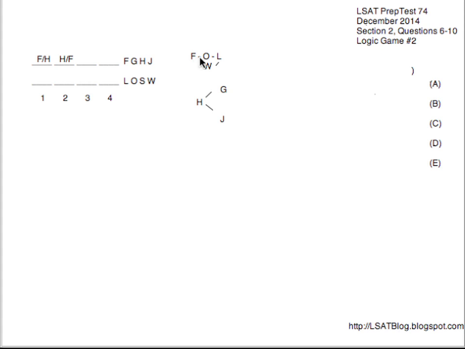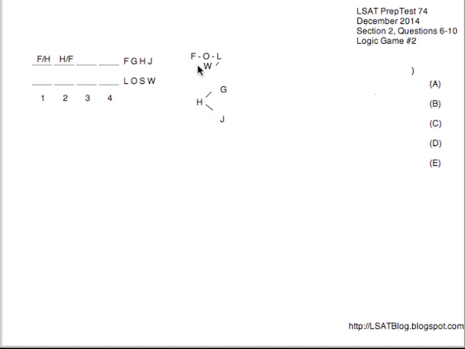If F is before both O and L all the time, then F can never be third or fourth. It's got to be first or second. Since H is before both G and J, that also tells us that H will be either first or second.